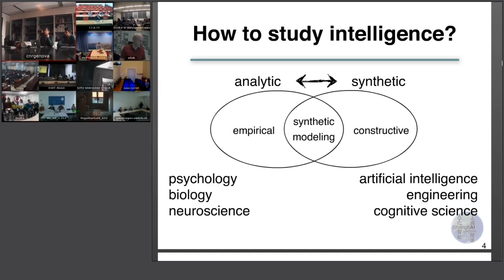But let's take this point of view. Since it's so difficult to define intelligence, it can be of great help to use the so-called synthetic methodology.